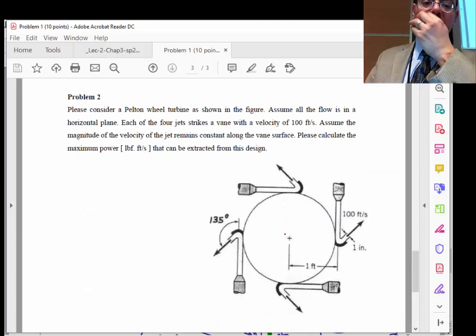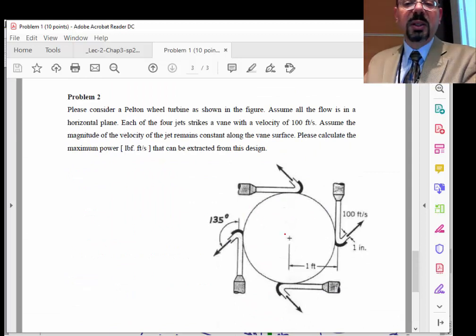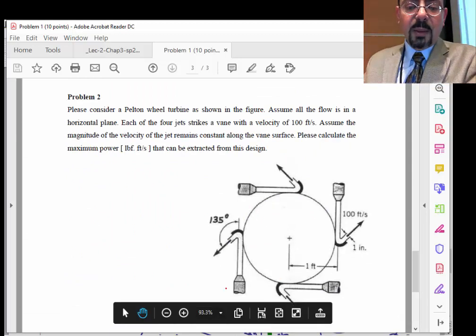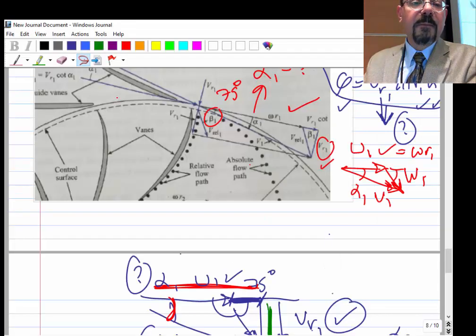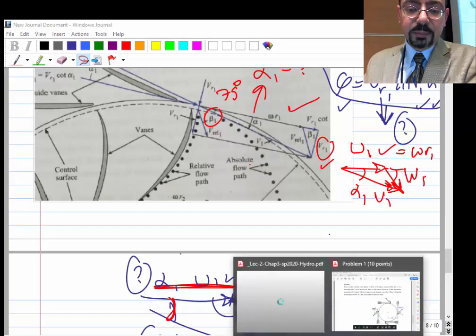Now the second one was, he said there is a Pelton wheel, right?